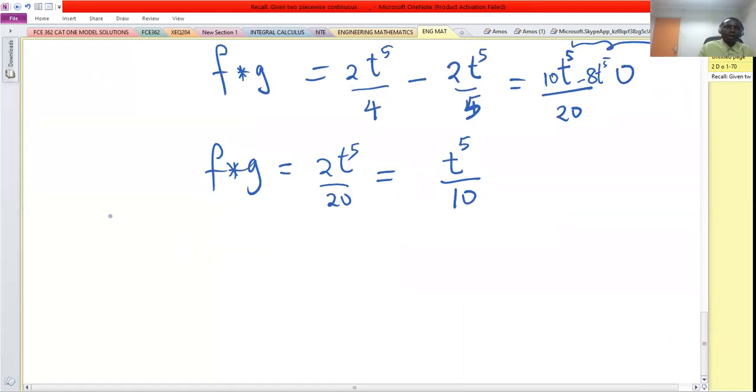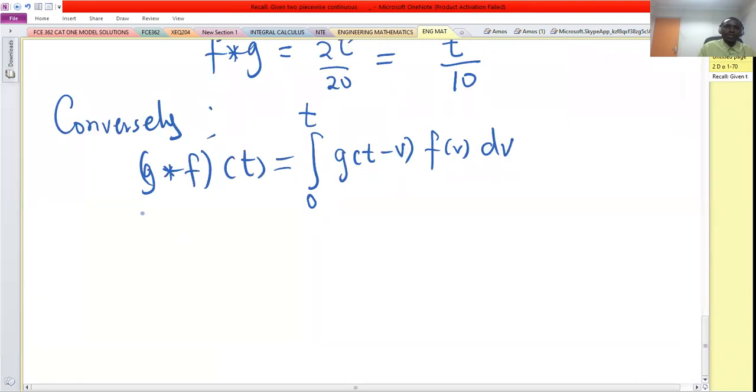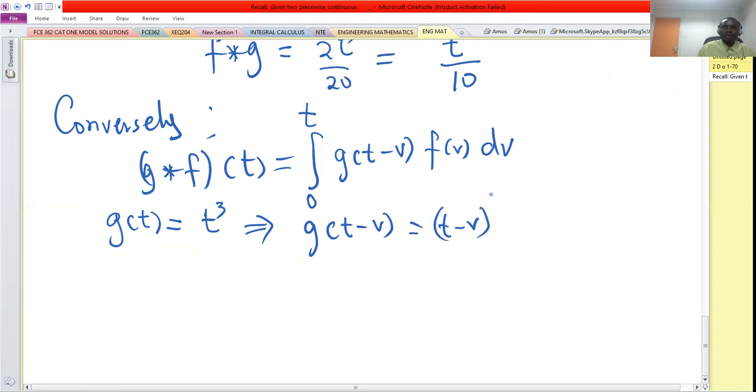The other way, conversely, g convoluted with respect to f is defined by the integral from 0 to t of g of t minus v multiplied by f of v dv. This is by definition. We were told that g of t was given by t power 3, so g of t minus v is the same as t minus v power 3.